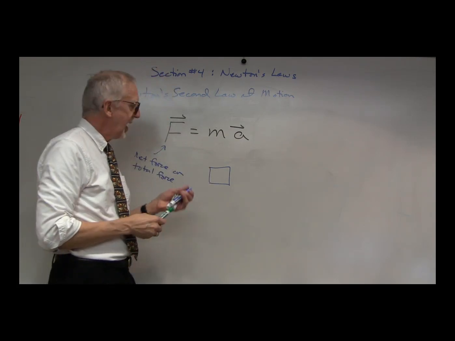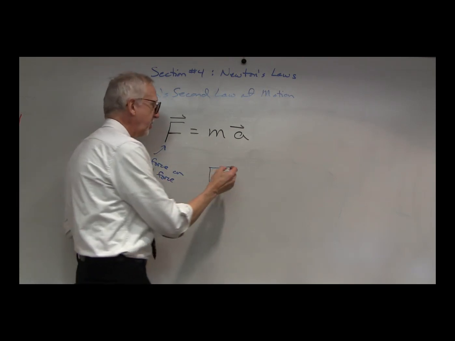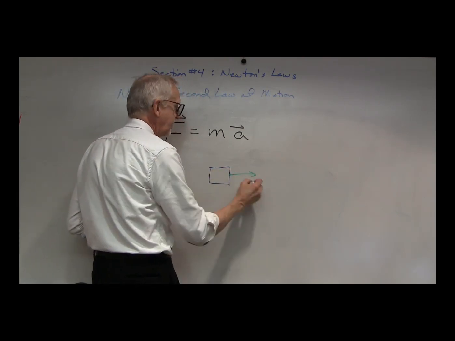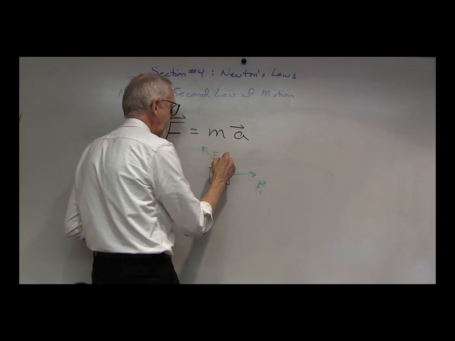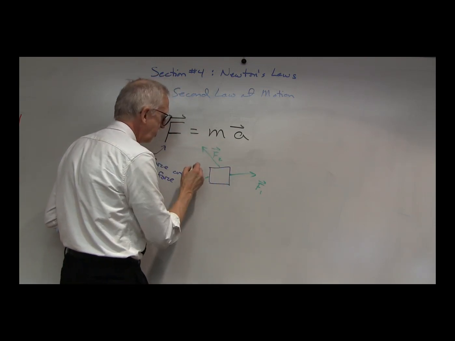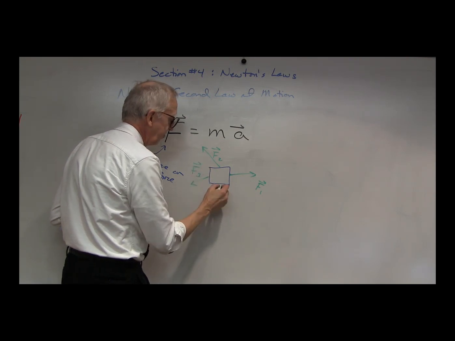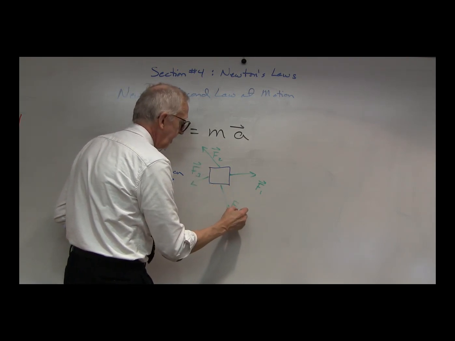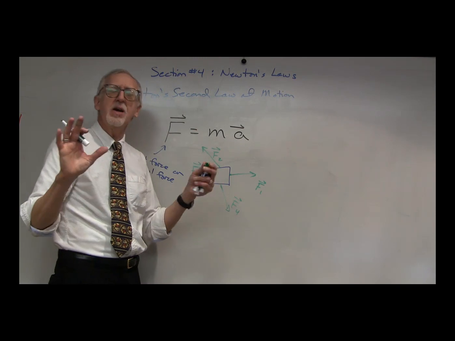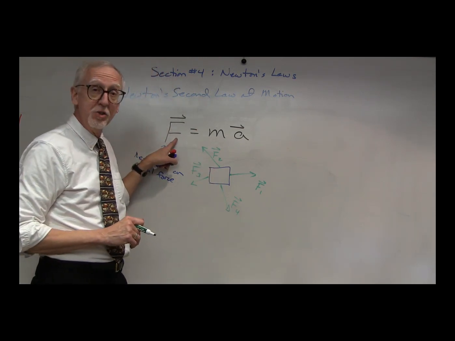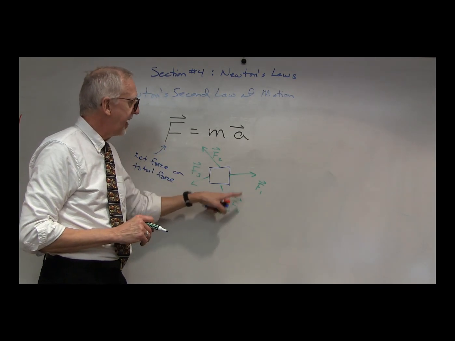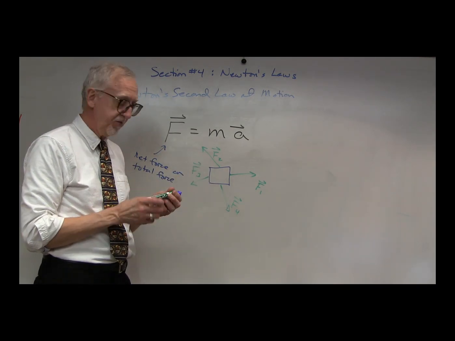So imagine that our object has got a number of different forces acting on it. Maybe there's a force like this, we'll call this one F1. And there's a force acting this way, we'll call that F2. And maybe a force this way called F3, and a force F4. And there could be F5, F6, F7, whatever. As many forces as we want. The force that goes into Newton's second law is the vector sum of all of these.